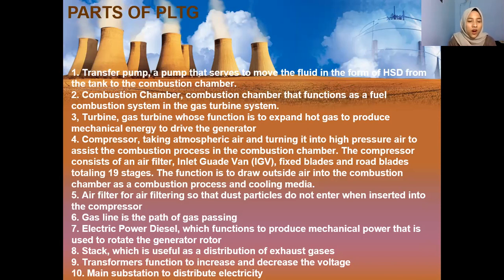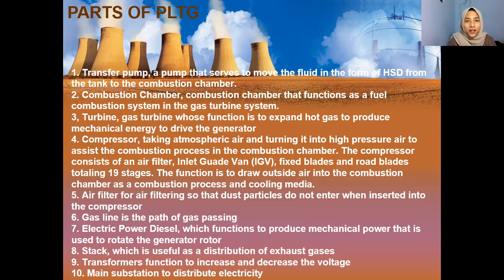This reheated water vapor is fed back to the intermediate pressure or IP steam turbine, and the steam coming out of the IP turbine goes directly to the low pressure or LP turbine. Furthermore, the water vapor coming out of the LP turbine enters the condenser to undergo a condensation process.